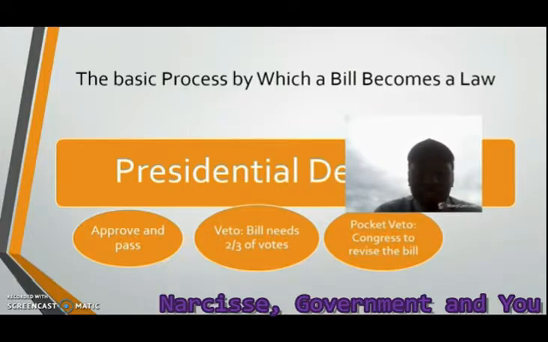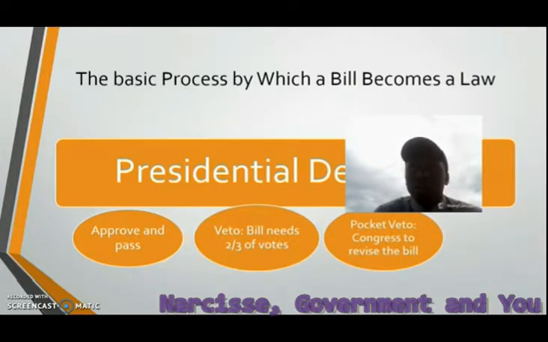That time, for the bill to become a law, what we call a veto override, that bill needs 2/3 of votes to become a law. It means the Congress can still vote, needing a high score of votes for that bill to become a law. Another thing, the president can stay quiet or do nothing about the bill in 10 days.